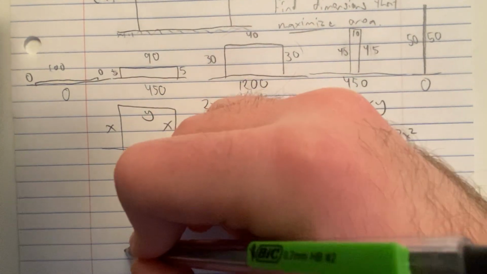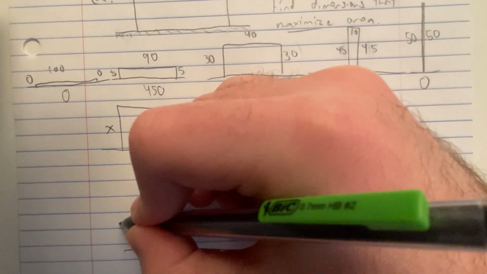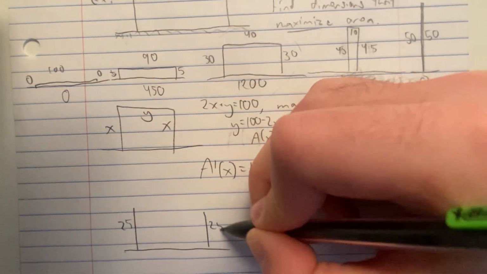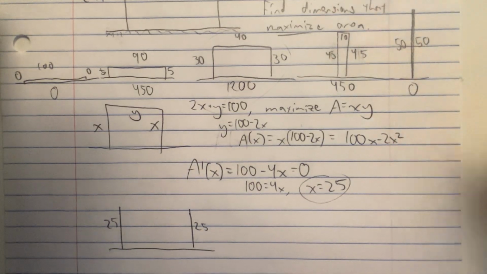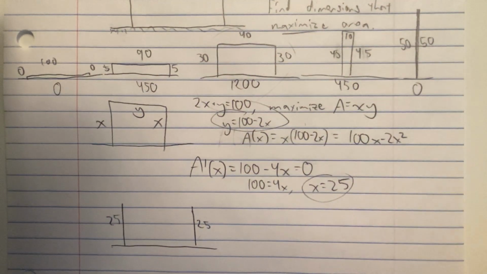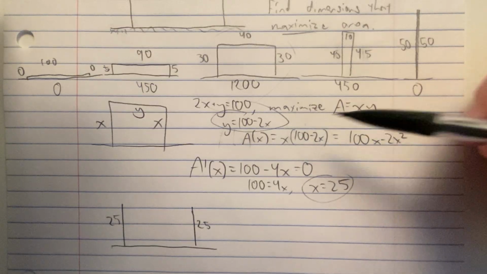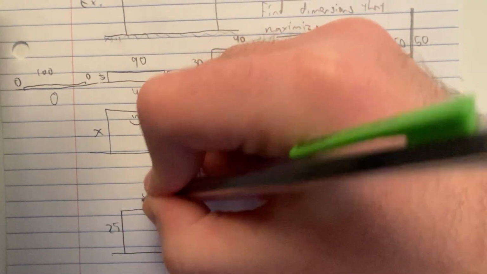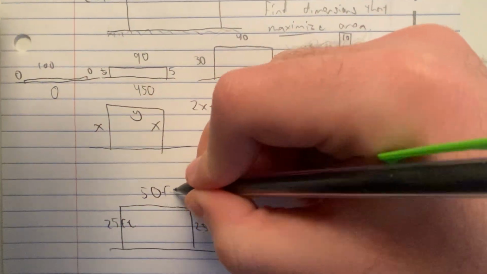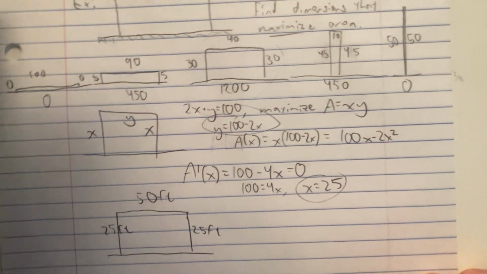Well, okay, let's try to draw it out. x is 25. I am missing a little bit of information. I need to work out what y is, but luckily we have our formula over here for y. It's 100 minus twice x. That works out to be 50. I'm going to use units here because it's always good to have units in our final answer.